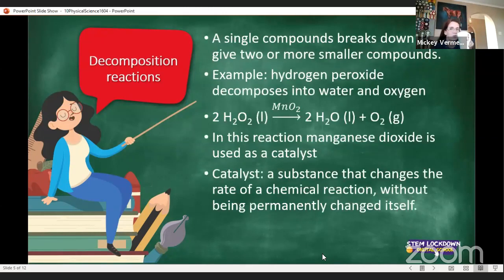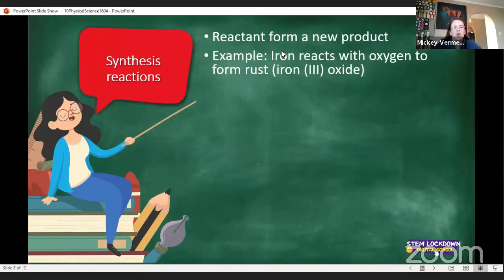Quickly screenshot it, dude, while I take a sip of coffee. Done. Got it. Okay. So one that you guys see a lot without realizing it is iron that reacts with oxygen to form rust. You did this reaction in grade 9. I don't think you remember, but you did do it.